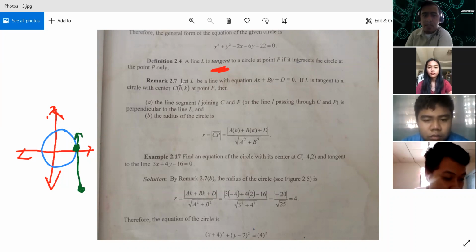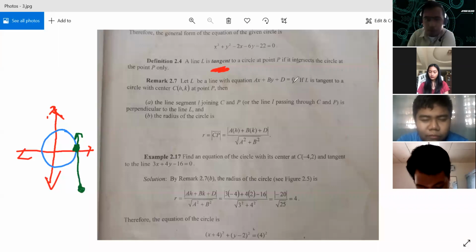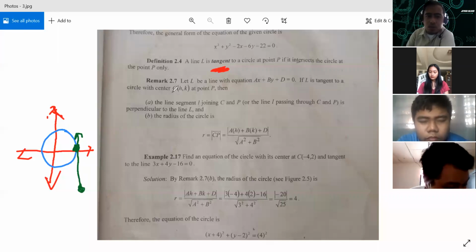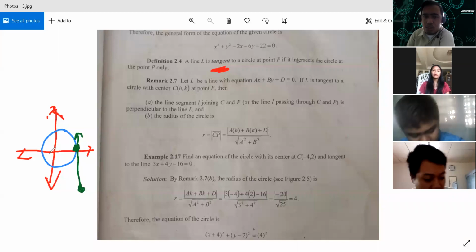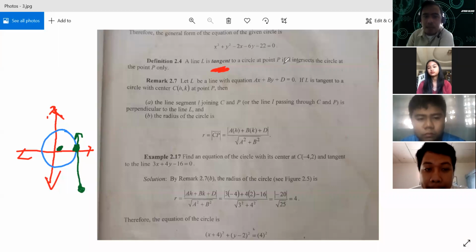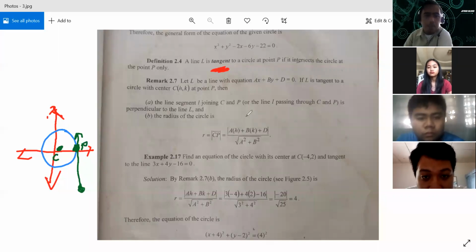So, there is a remark that's stated here that the line big L with the equation ax plus by plus d equal to 0. We assume that this is your line L. And if L is tangent to the circle with the center h, k, at point P, this is your point P, this is your center.